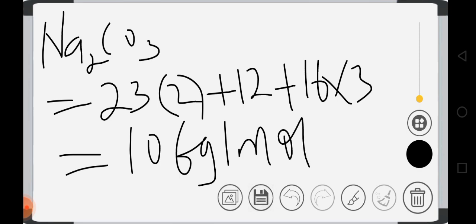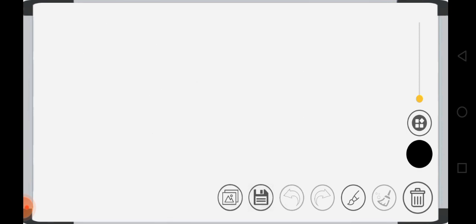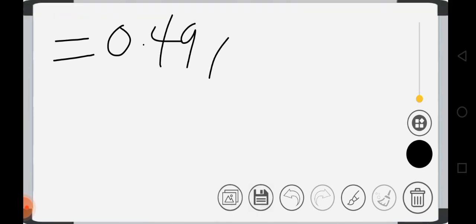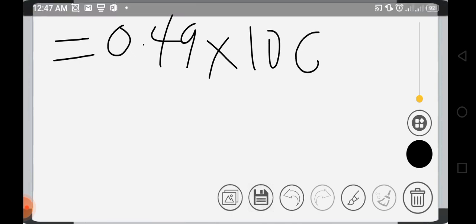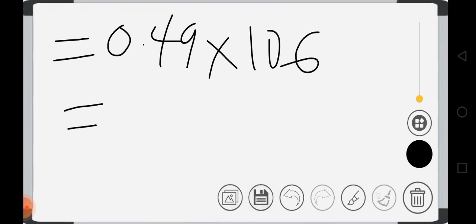So to get the answer in grams concentration, it will just be 0.49 times 106. I think that will give us something very nice. So 0.49 times 106, what are you going to have? Use your calculator and do it.